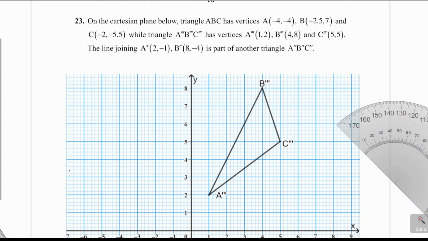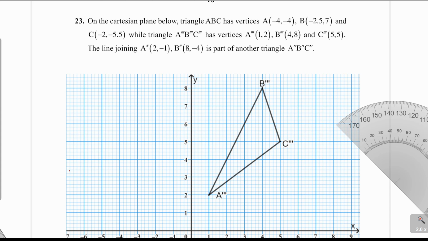On the Cartesian plane below, triangle ABC has vertices A(-4, -4), B(-2.5, 7), and C(-2, -5.5), while triangle A triple prime, B triple prime, C triple prime has vertices (1, 2), (4, 8), and (5, 5). That is for A and C images.